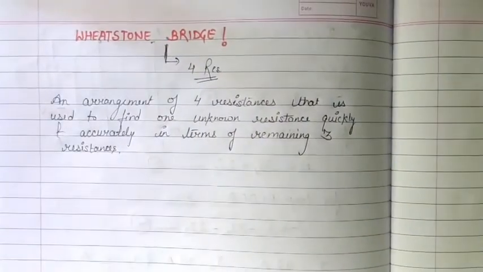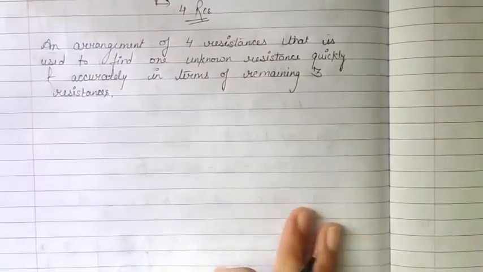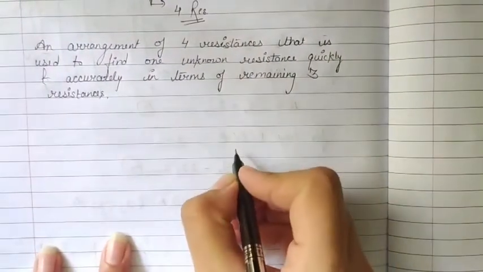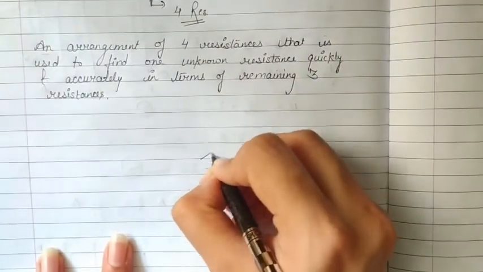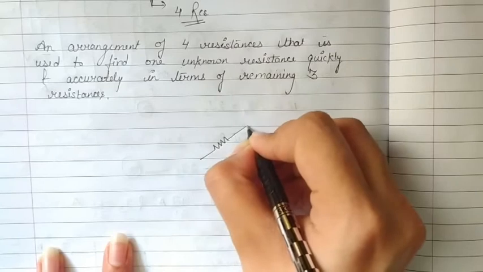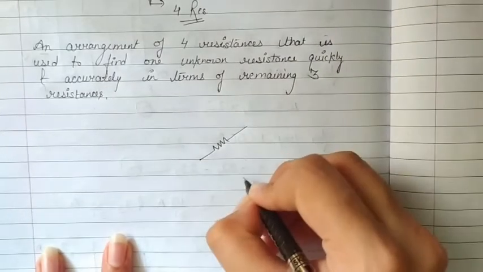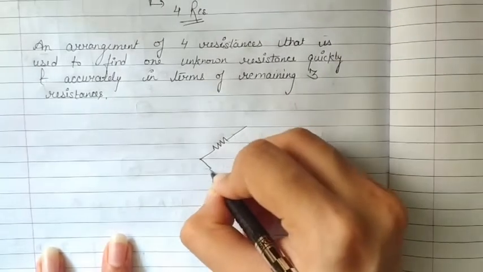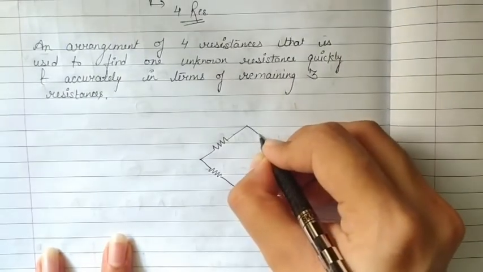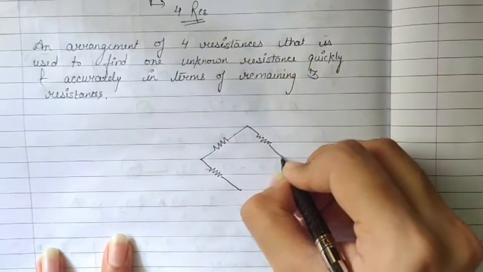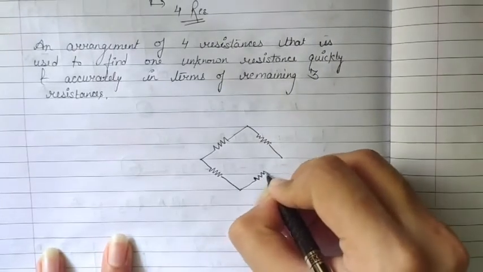So if we talk about its structure, Wheatstone bridge is basically an arrangement of four resistances in the form of a quadrilateral. Here I am going to draw a Wheatstone bridge. So it is basically in the form of a quadrilateral where each arm contains one resistance.